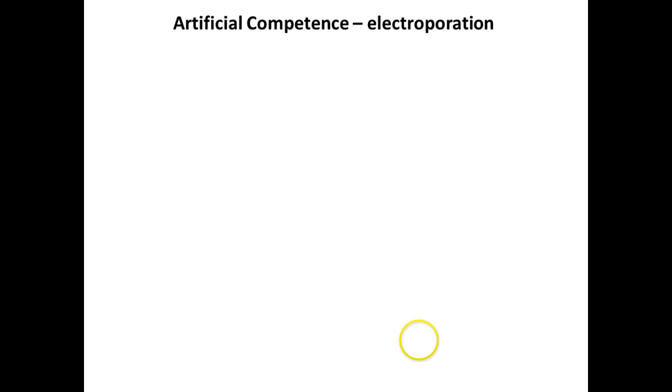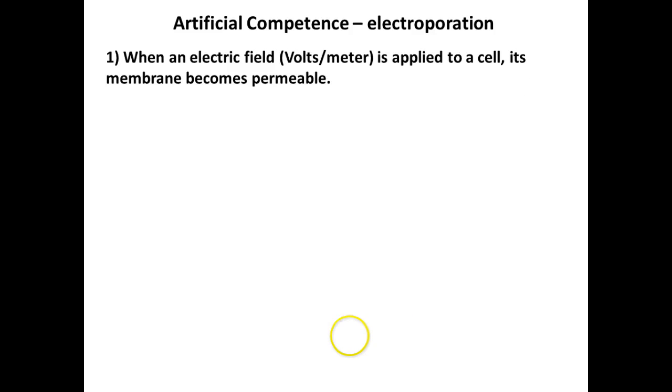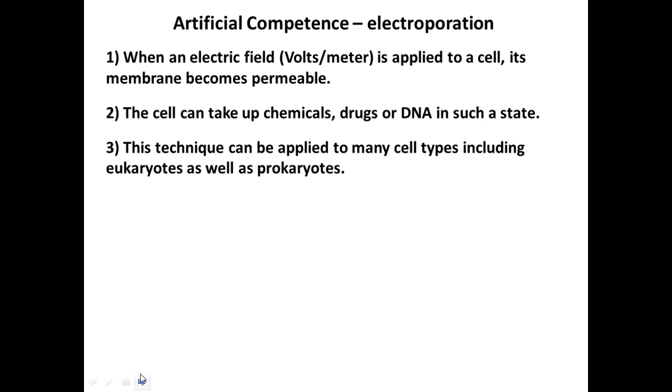In the laboratory, we're going to be using specialized competent cells today, but one of the ways that cells can be made competent is electroporation. So they're actually using an electric field to create holes in the membranes of the cells so that they'll pick up whatever it is we want the cells to pick up, whether it's a drug or DNA if we're doing transformation.